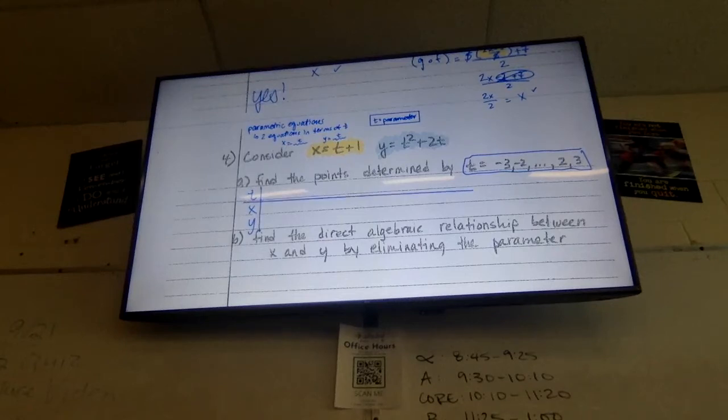T is what I'm plugging in. So I'm plugging in -3, -2, -1, 0, 1, 2, 3. What I'm going to do with these points is find how to graph this function using these example points.